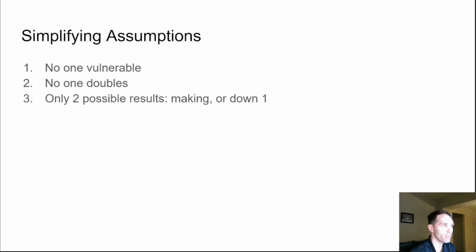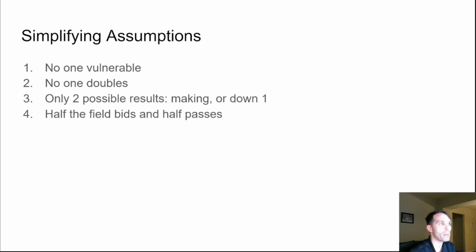We're also going to assume that there's only 2 possible results. We're either making our contract or we're going down 1. Same thing for the opposition. They were either making their contract or they were going down 1. Again, bringing into the possibility of making overtricks or going down multiple tricks would make our analysis a bit more robust, but we're just trying to keep things a little simpler here.